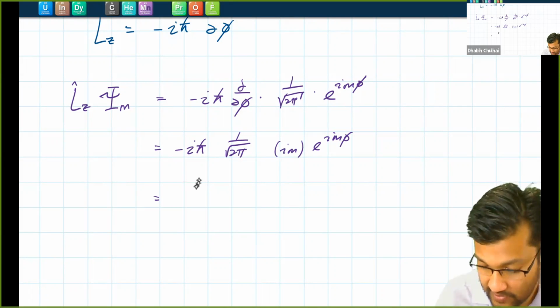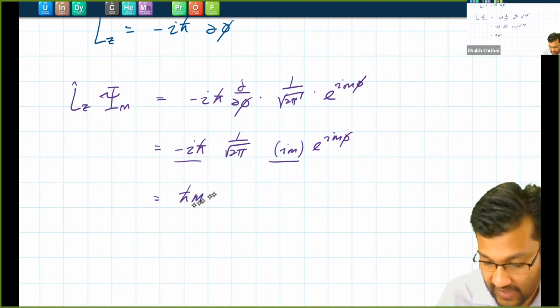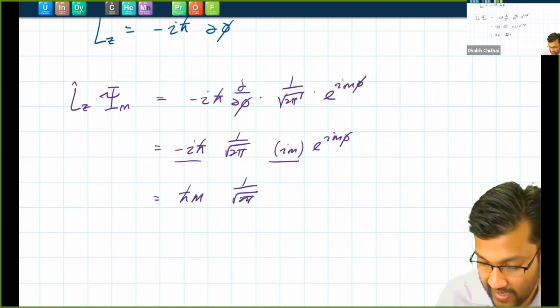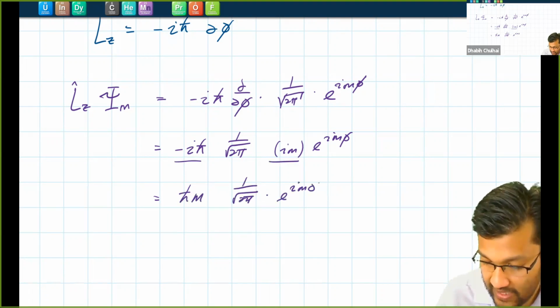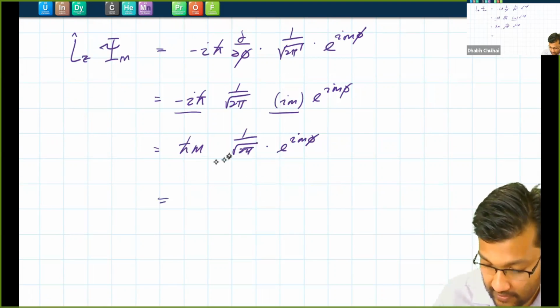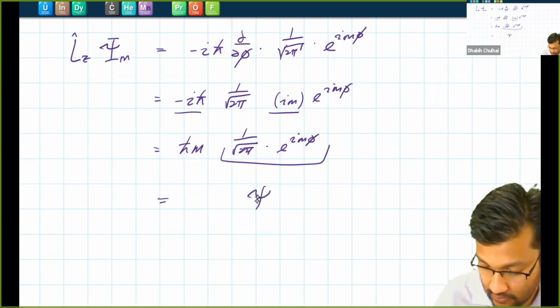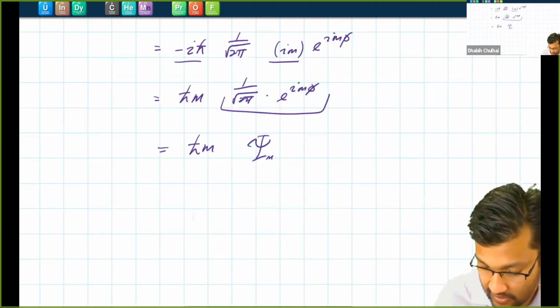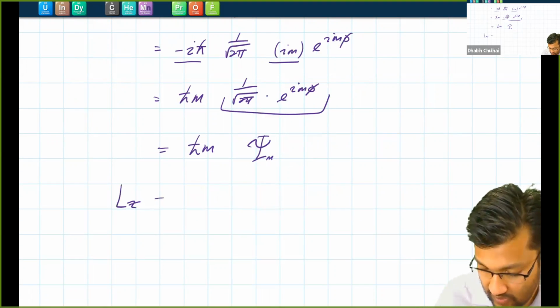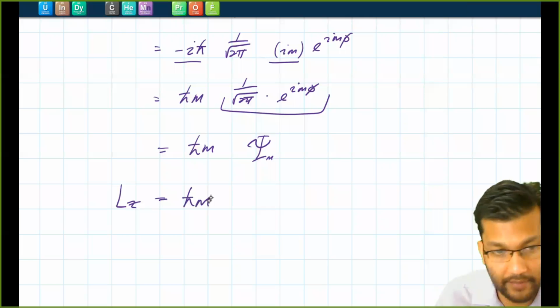So this comes out to be h bar m, and then you have 1 over square root of 2 pi times e to the i m phi. So this is the wave function, and this is h bar m. So the angular momentum is h bar m.